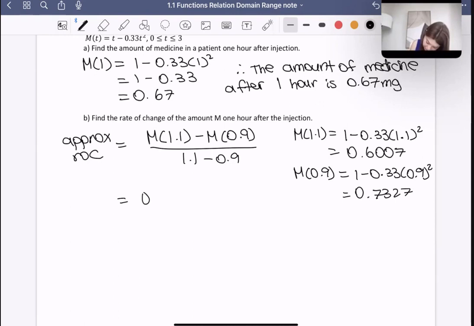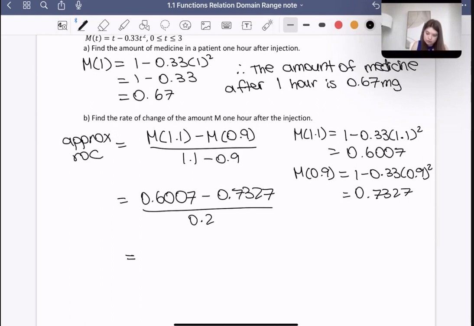Okay, so now let's plug all of that in. So we have 0.6007 minus 0.7327 over 0.2. And what's that going to equal? Let's figure that out. 0.6007 minus 0.7327 divided by 0.2 gives us negative 0.66.